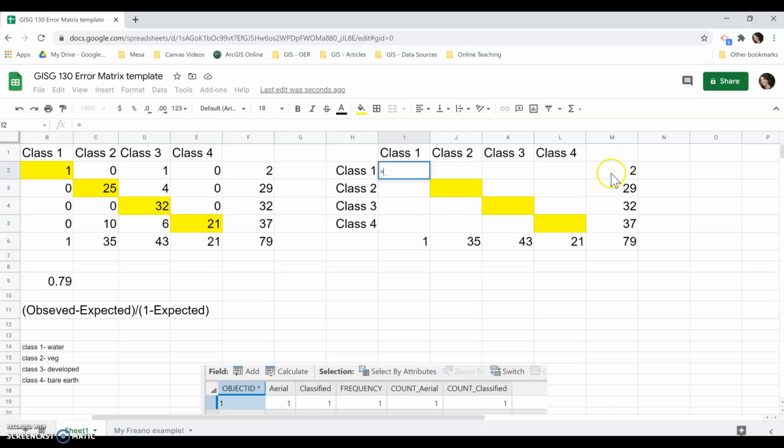So we are multiplying this, oops, not plus, times this. And then we'll do this times the 35. And then 2 times 43, 2 times 21.